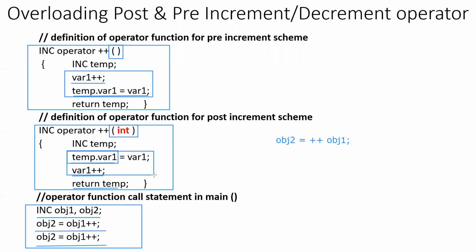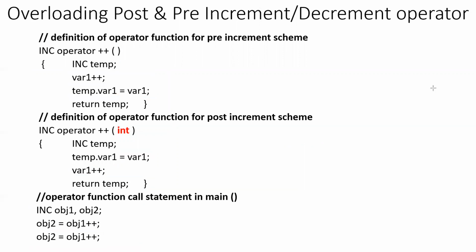In the second case, because the assignment is happening first and increment after that, hence the non-incremented value will be returned. I hope you are able to understand how we can implement the two different definitions for pre-increment and post-increment for overloading the unary operator.